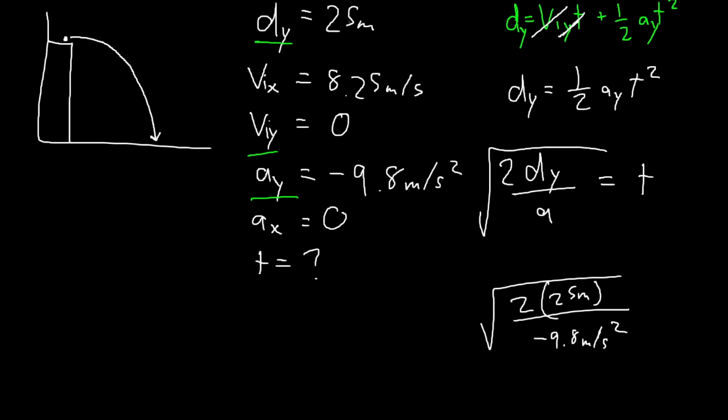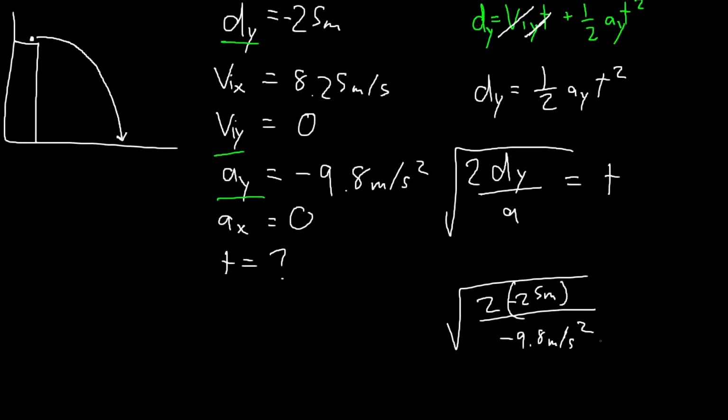Usually we think of the distance as positive, right? However, we're talking about the distance going down, so that's a negative value. These are the kinds of small mistakes that you might encounter while solving these things. Signs are very important here. So let's put a negative.